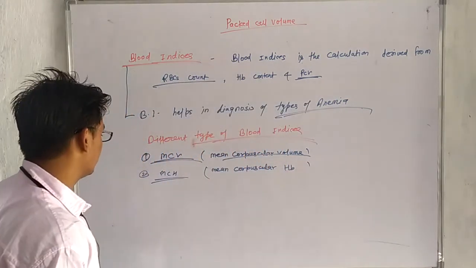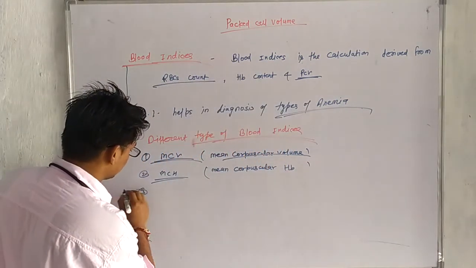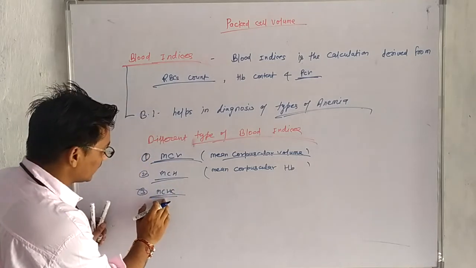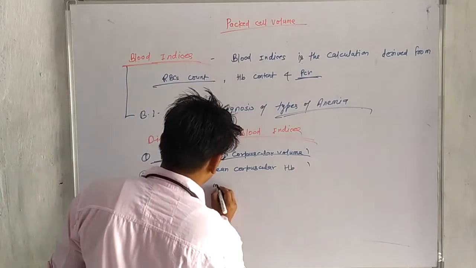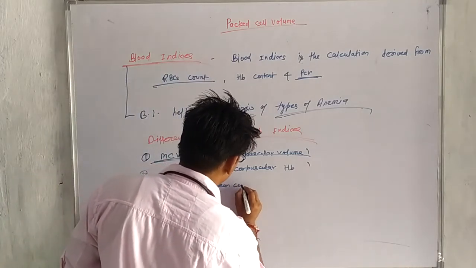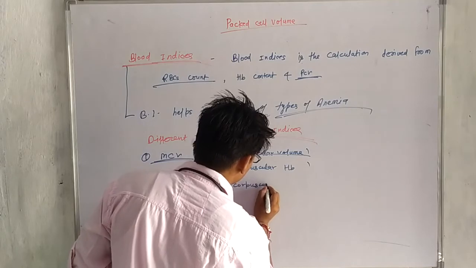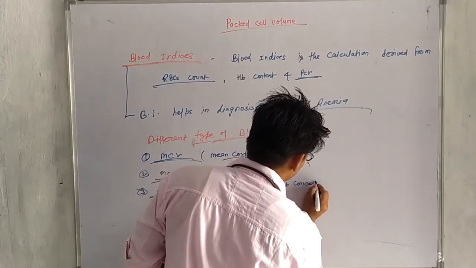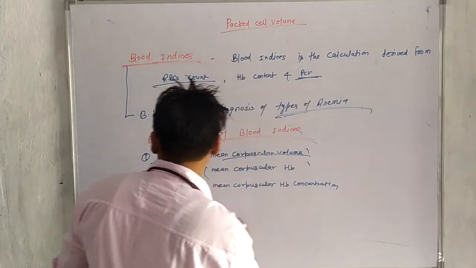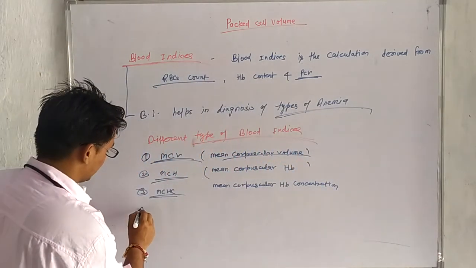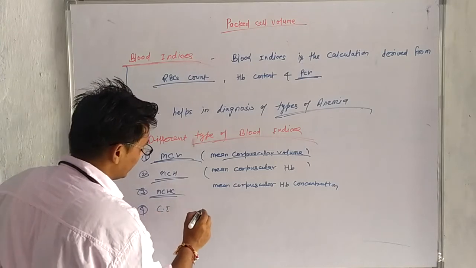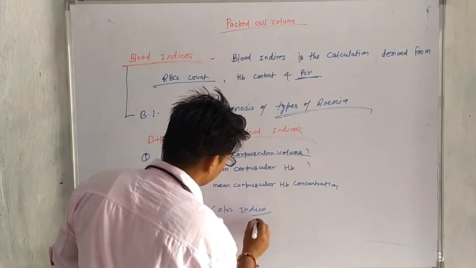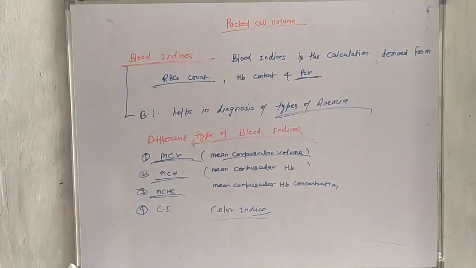Third is MCHC, mean corpuscular hemoglobin concentration. And fourth is CI, color index. These are the different types of blood indices.